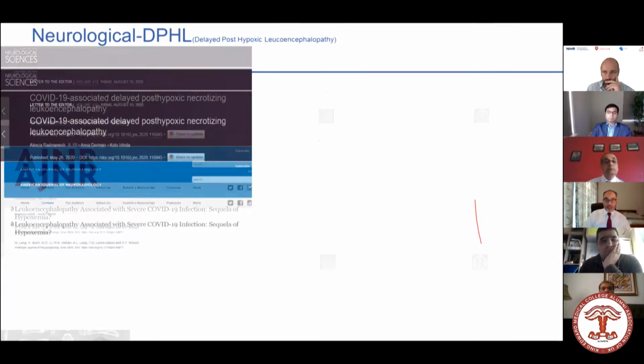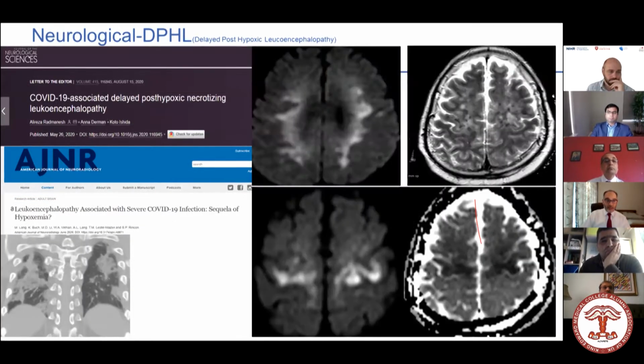What we see, as you can see from the Journal of Neurological Sciences and the American Journal of Neuroradiology reporting, is our patient. On the bottom here is diffuse severe disease on the CT of the chest. On the other side, you can see it's asymmetrical, diffuse, subcortical white matter T2 hyperintensities with variable changes of restricted diffusion, as you can see on the bottom.